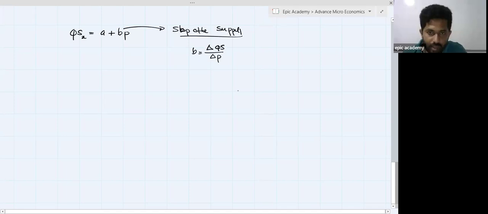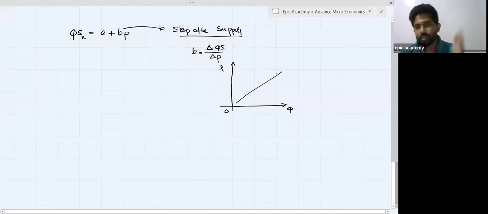As an example, consider this: the horizontal axis represents the quantity of supply, and the vertical axis represents the price. The relationship between price and quantity supplied is positive, which is why the curve has that kind of shape.